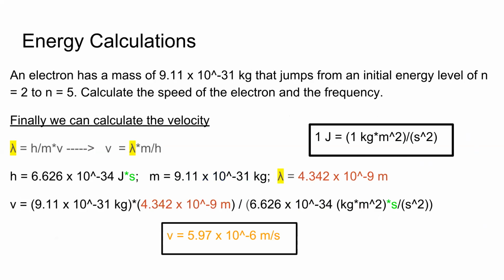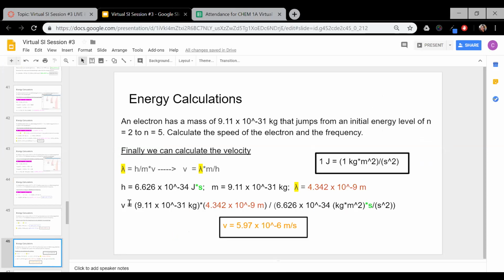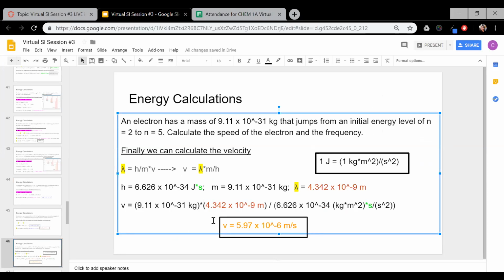I think I might have made a typo. Let's see right here. It was lambda is equal to h over m times v, the v on the other side. Yeah, hold on, give me one moment.